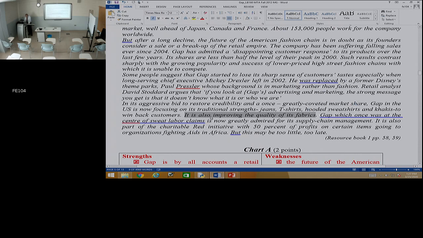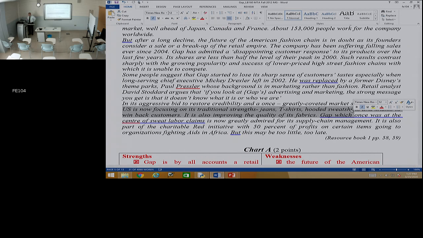And here, future is improving. Lo am is our verb ing. But because we have also, what is before is another example. Gap in the US fashion is its traditional strength, jeans, and so on. That's exactly the examples that we need to focus on.